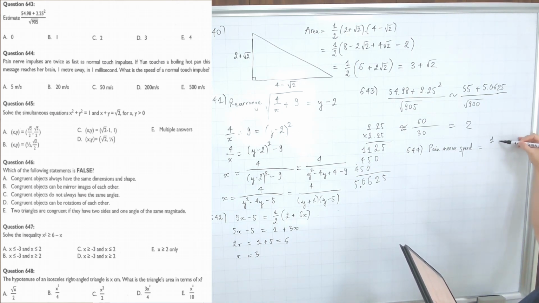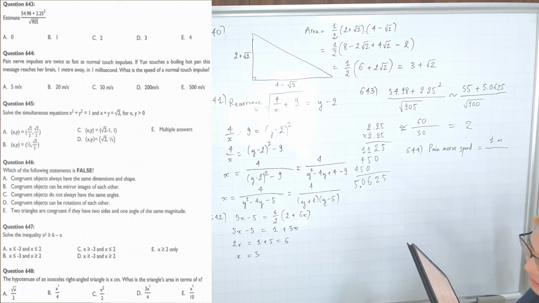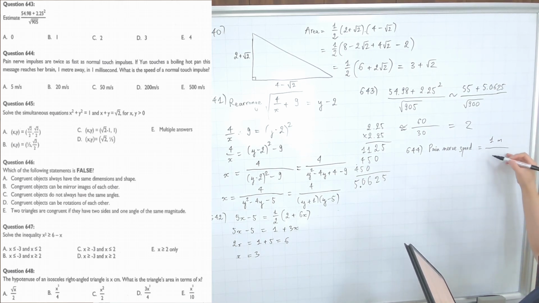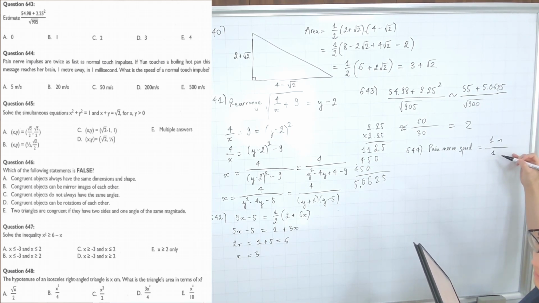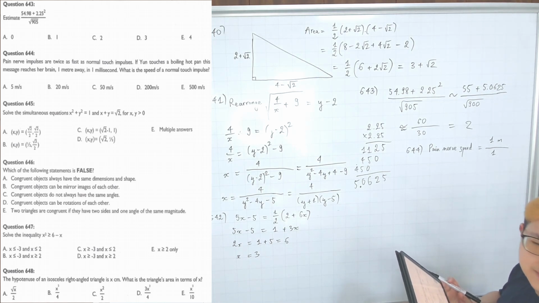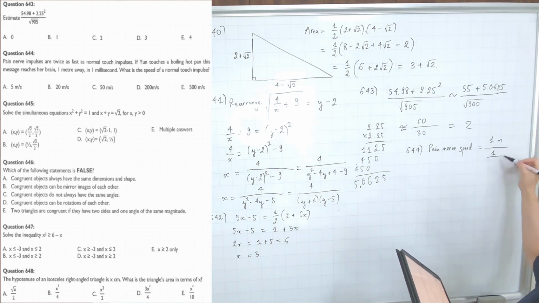So 1 meter divided by time, which is 1 millisecond. So 1 millisecond means 1 over 1000, right? 1 millisecond là 1 trên 1000. 1 over 1000 second.